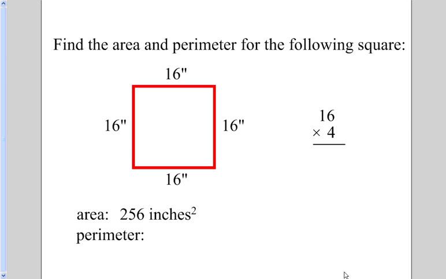And if we do that, 4 times 6 is 24. And 1 times 4 plus 2 is 6. And that is the perimeter measurement for this square, 64. And it's not in square inches, but rather just in inches, because that's a linear measurement. We're measuring around the outside of this square.